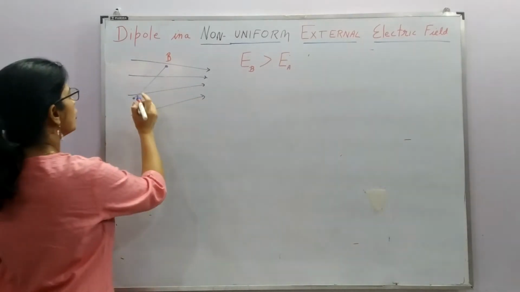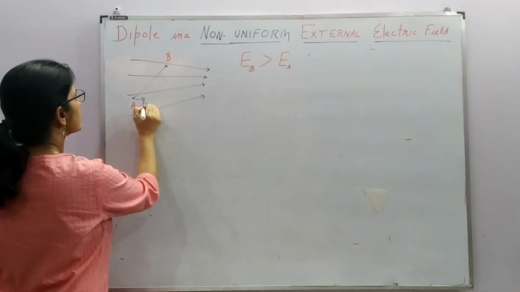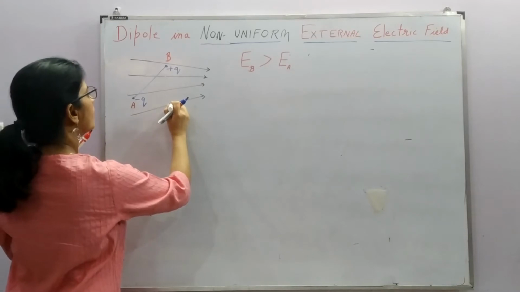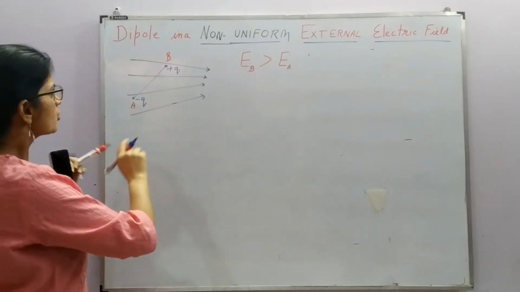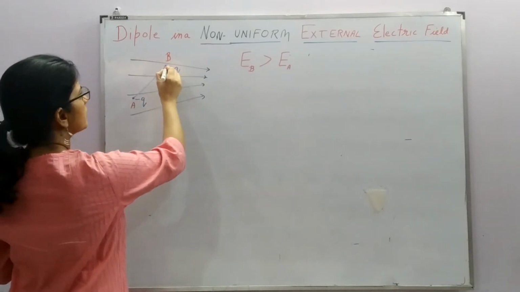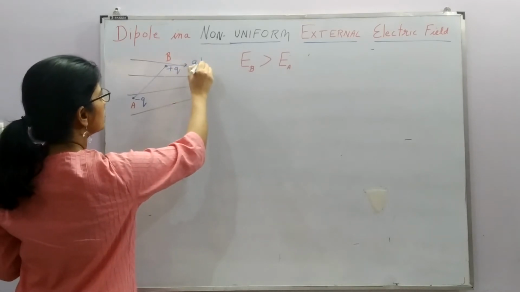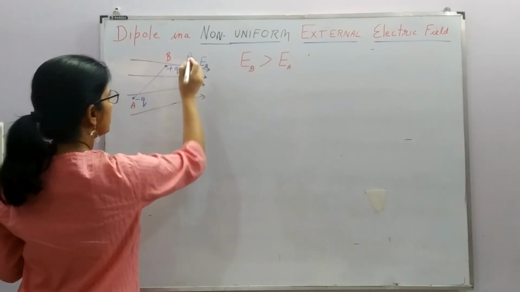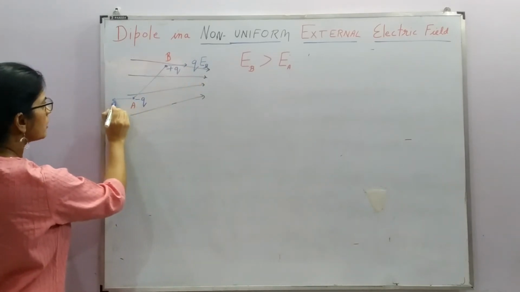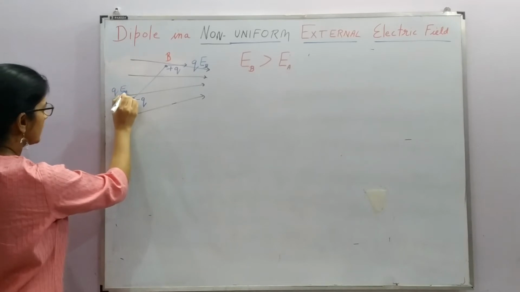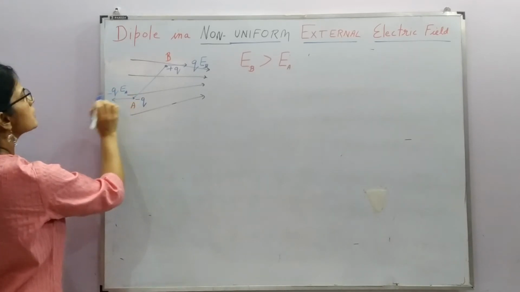And if our dipole is this is minus Q, this is plus Q, right? So what will be the force acting on this dipole? This will be Q into EB, and the force acting on this will be Q into EA along this opposite direction, right?